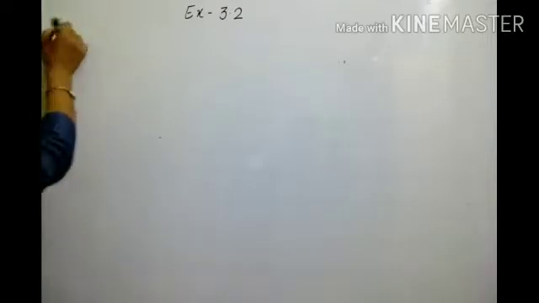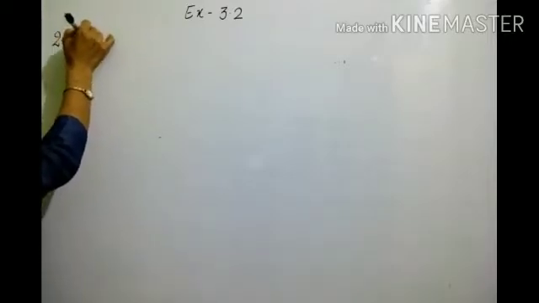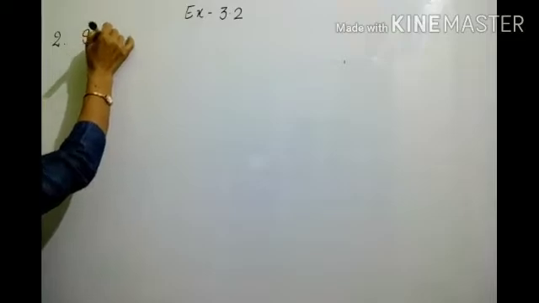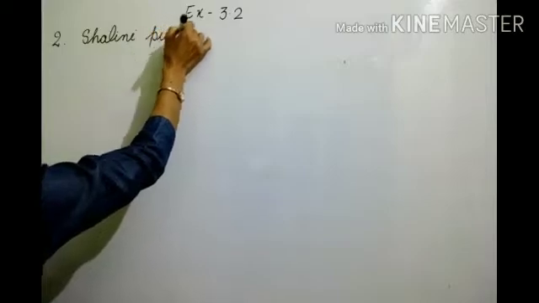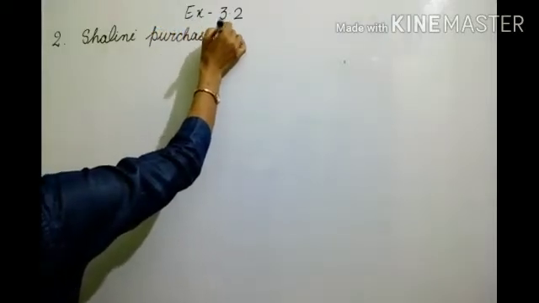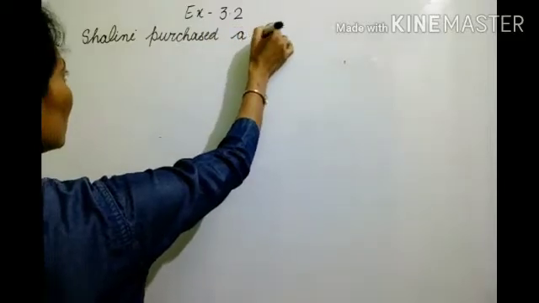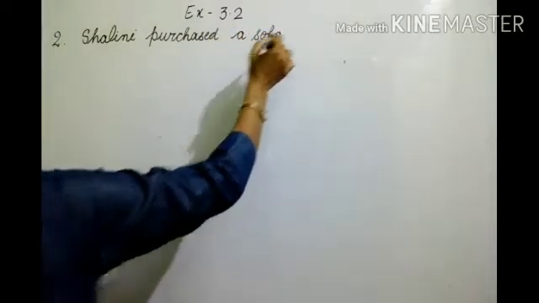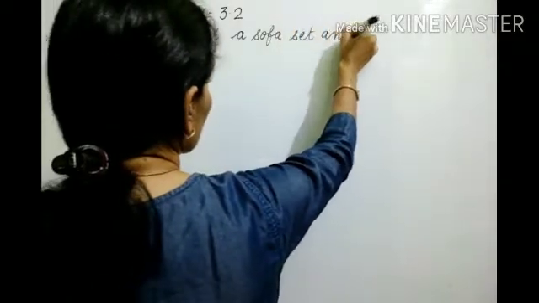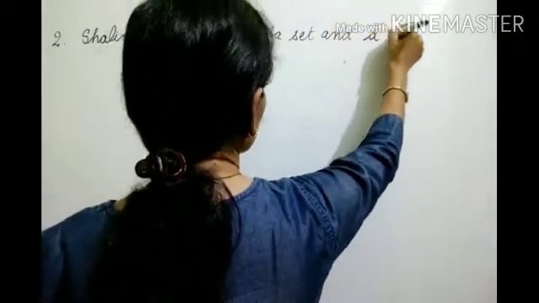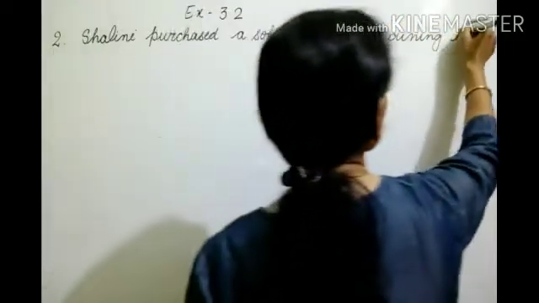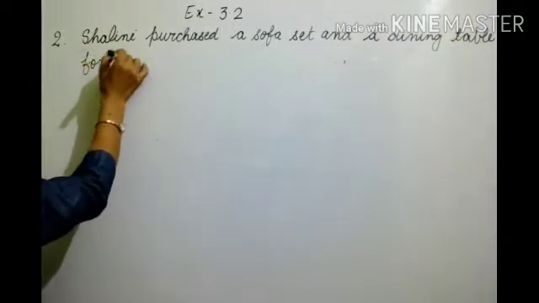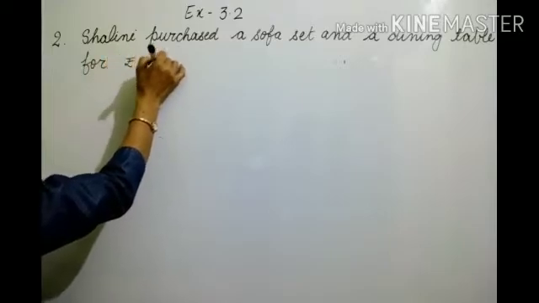Question number 2 is, first we see what the statement is. Shalini purchased a sofa set and a dining table for rupees 82,000.